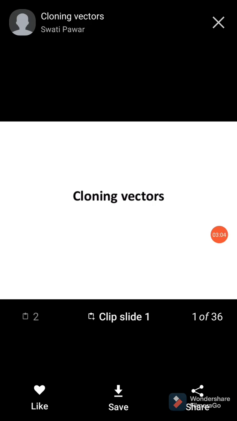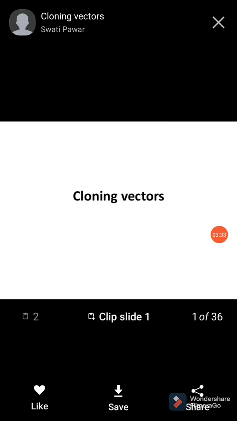Of these four, the most commonly used vectors are plasmids. Plasmids, viral vectors, and cosmids are mostly natural vectors, whereas artificial chromosomes are artificially synthesized.